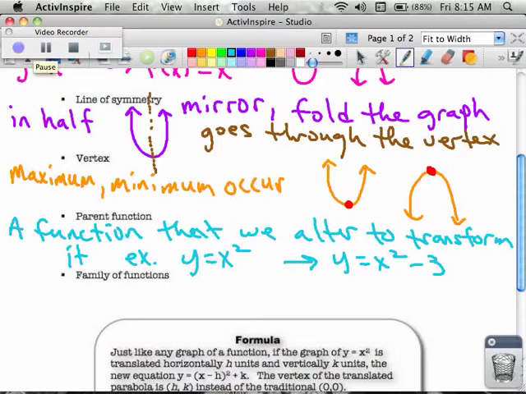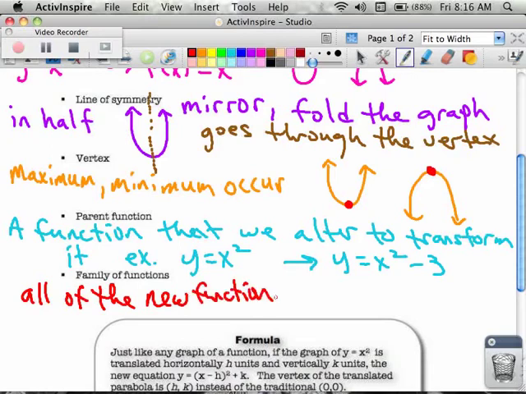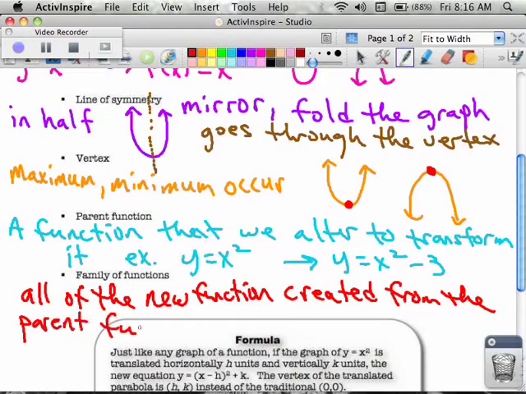The family of functions that's next is talking about all of the new functions created from the parent function after it is transformed.